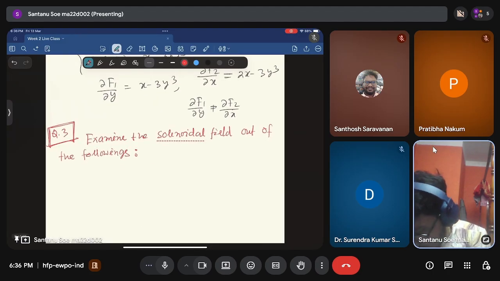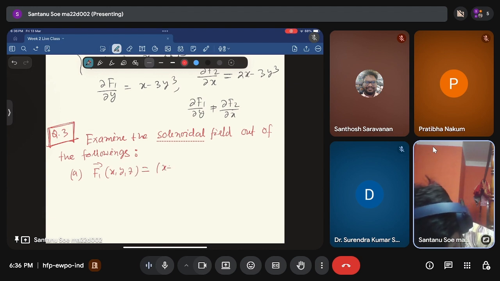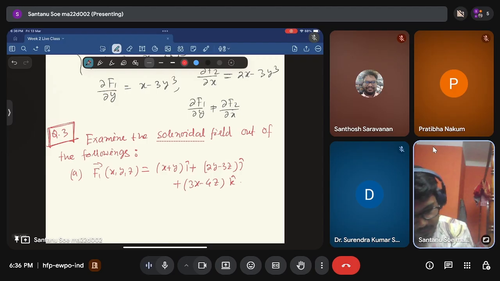Okay, so the first question is F1 of x, y, z equals to (x plus y) i cap plus (2y minus 3z) j cap plus (3x minus 4z) k cap. Okay, so solution.